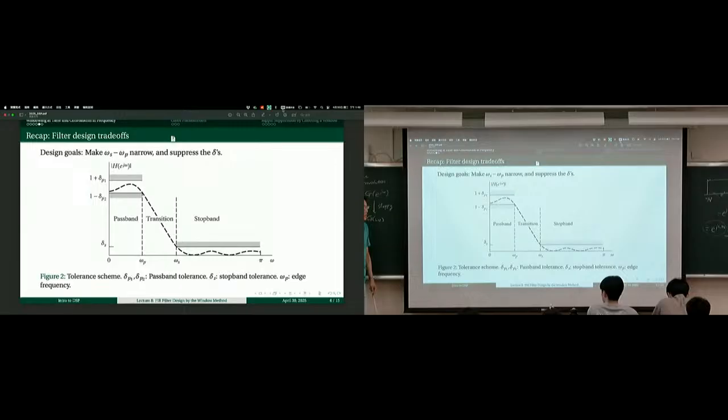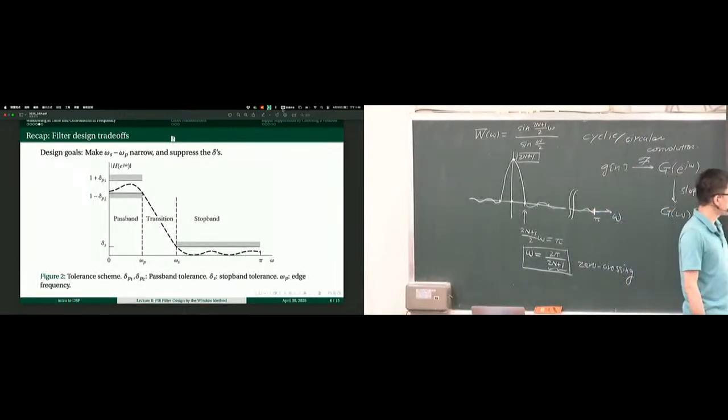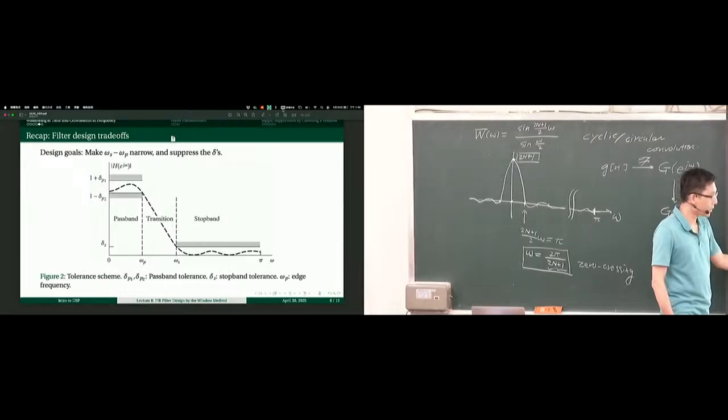The design parameters are the passband tolerance delta p and the stopband tolerance delta s. We want both of them to be small. So we're talking about the largest ripple right there. We want to suppress that.